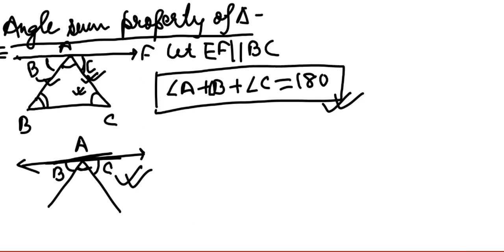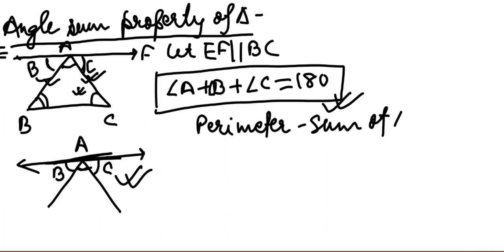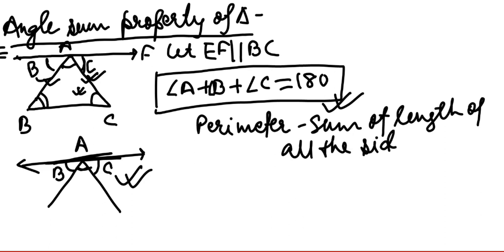Clear? Now, when we talk about perimeter, students, what is perimeter? Perimeter is nothing other than the sum of the length of all the sides of any figure. If we are talking about the perimeter of a triangle, then it will be the sum of the length of all the sides of the triangle.